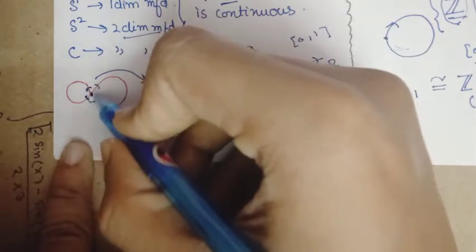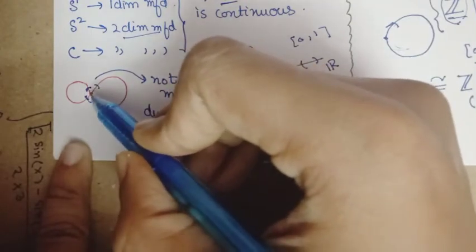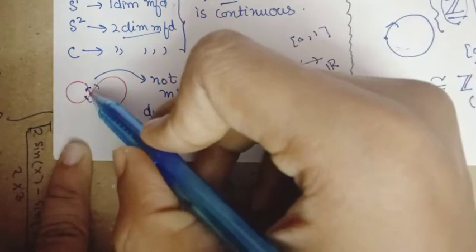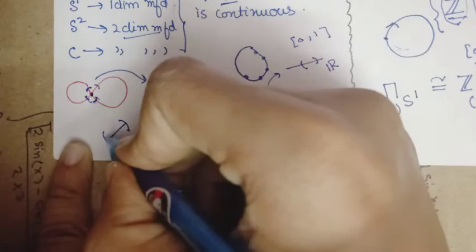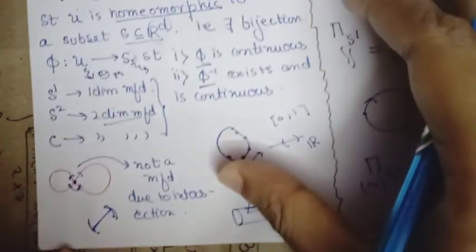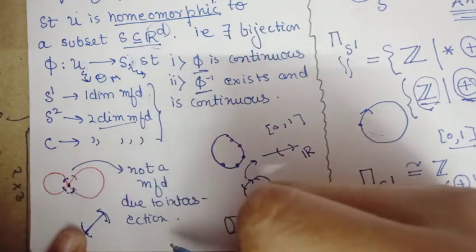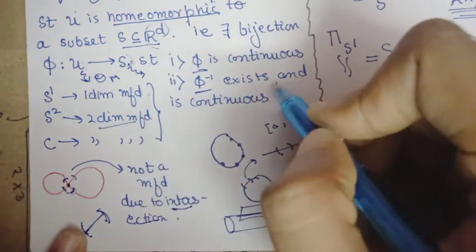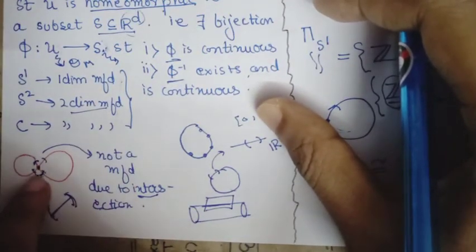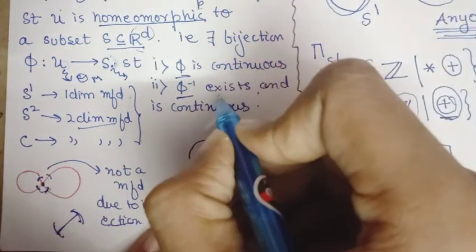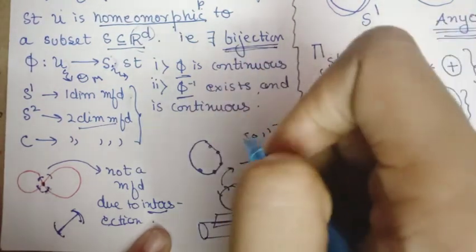With respect to this topology, you see that there are two possible intervals that contain the same point, and both of the intervals can be mapped to the same interval in R. This prevents it from being a manifold because of this particular intersection here, and hence this is not a manifold because it violates the fact that the bijection, there is no one-to-one map here.